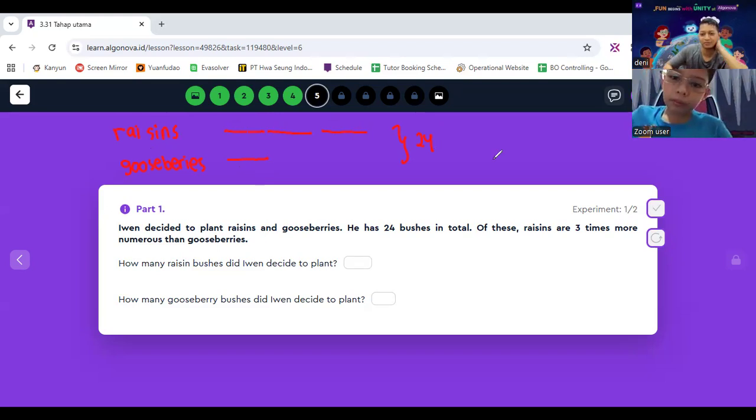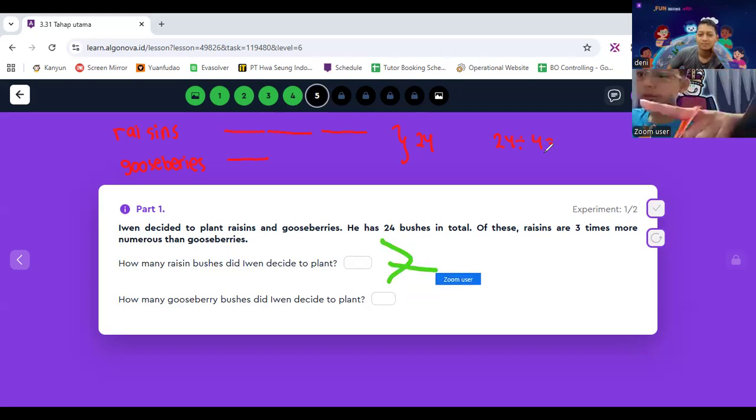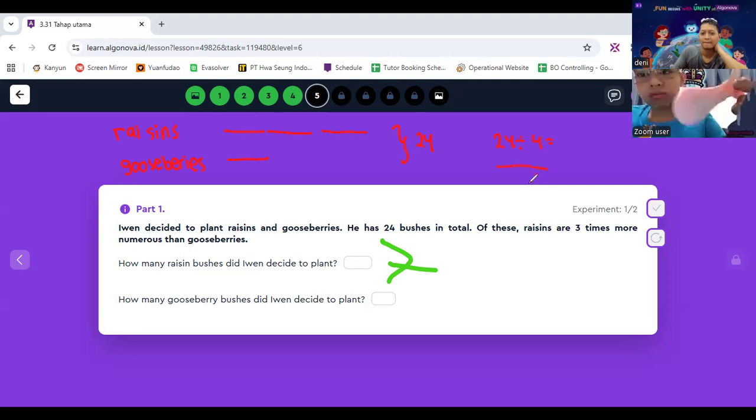Okay, so you just need to divide it into four parts. 24 divided by 4. Is it 24 divided by 4? Ah, because there are 4 lines.